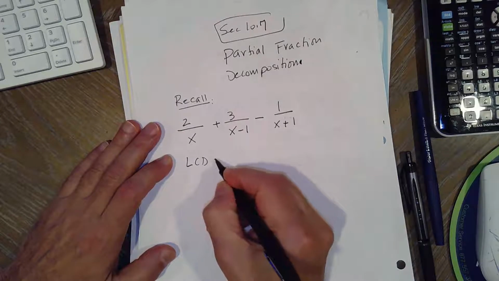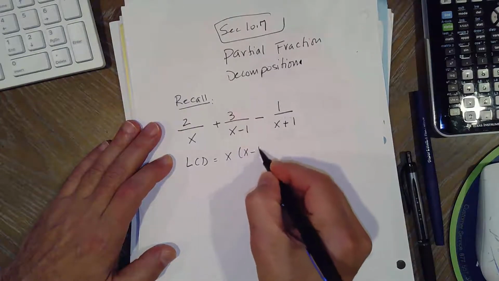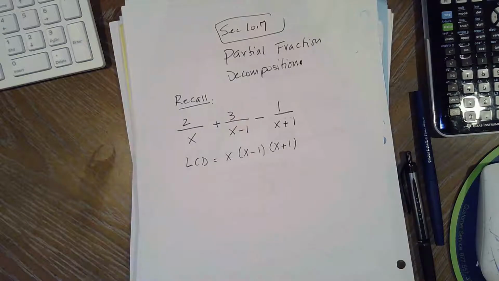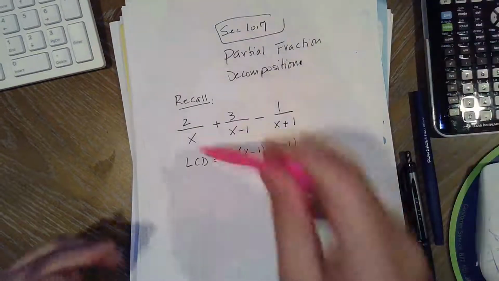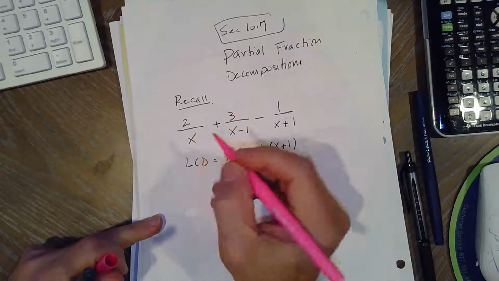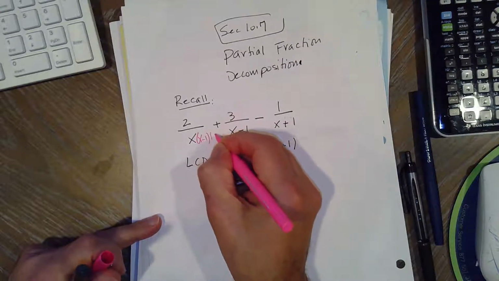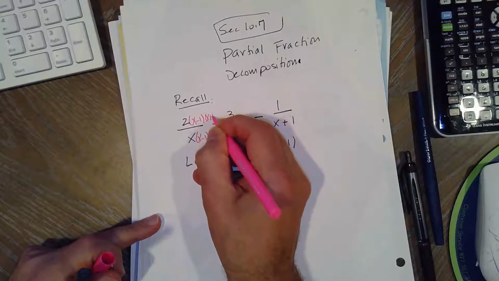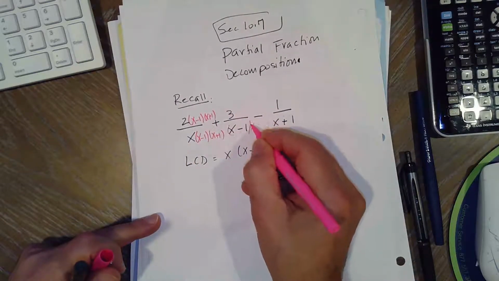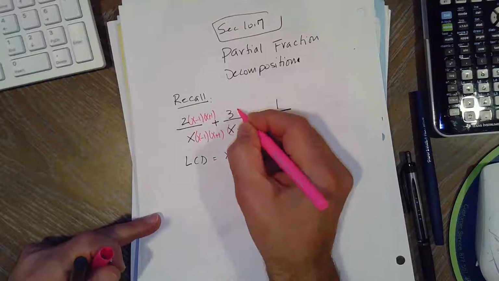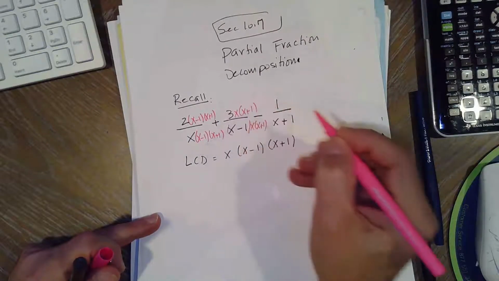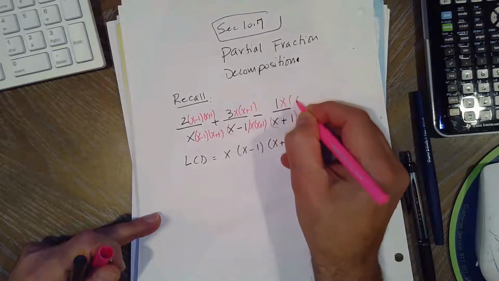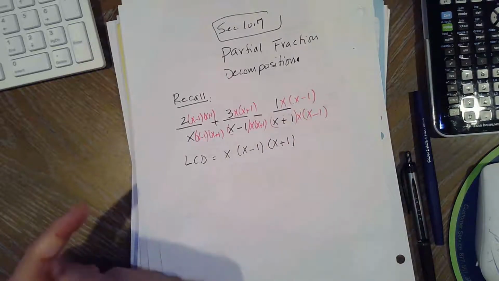The LCD is x times x minus 1 times x plus 1, which means we're going to multiply the first fraction by x minus 1 times x plus 1. We're going to multiply the second fraction by x plus 1 to have the same denominator, and multiply this one by x minus 1.